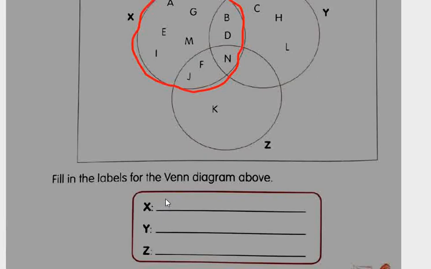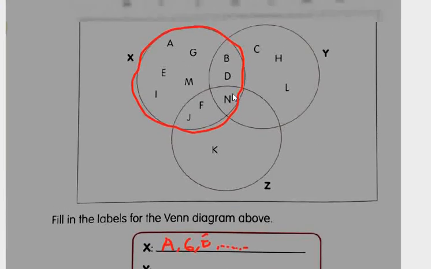So they are A, G, E, and so on, until J, F, and B, D also included.